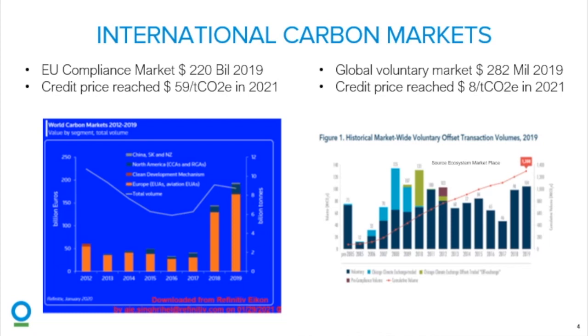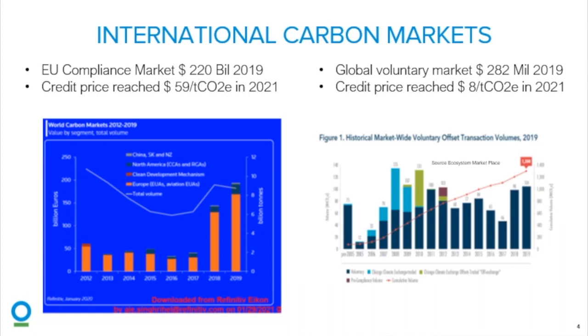The European Union compliance market was worth some $220 billion in 2019, and credit prices have reached almost $60 a ton in 2021, with some 9 billion credits traded on the EU compliance market.